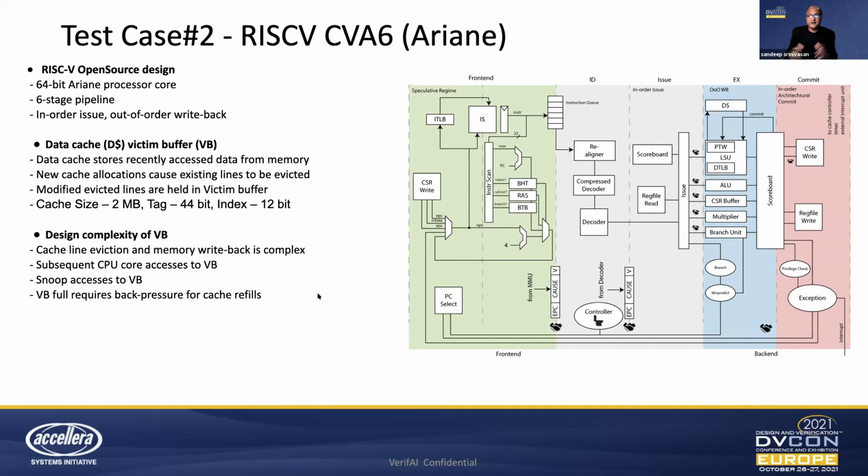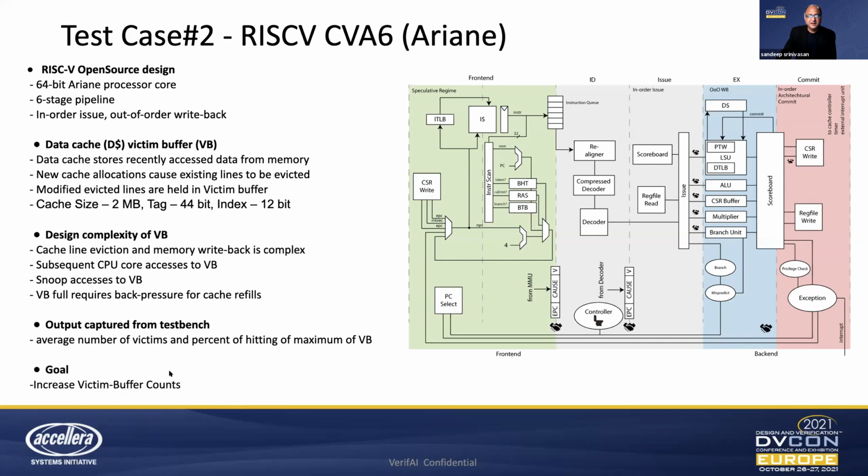Because it uncovers other parts of the design that have not been exercised yet, perhaps. So the output we captured from this test bench is the average number of victims and the percentage of hitting max victim buffer count. And our goal was to increase the victim buffer count.